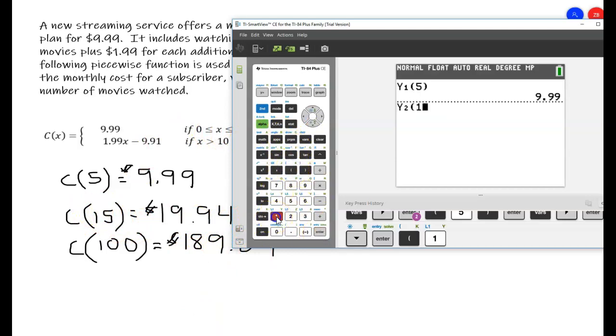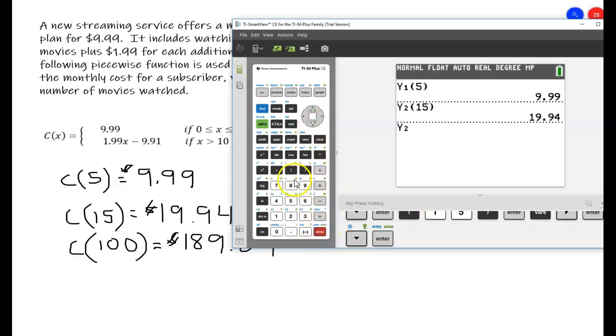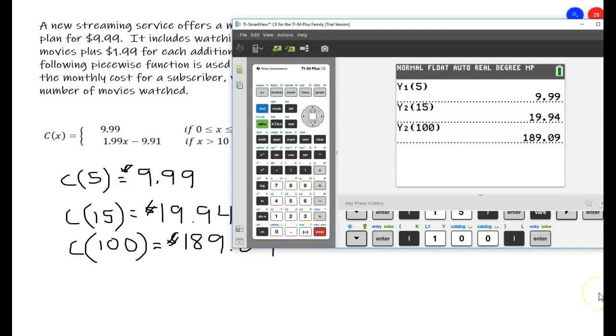We're going to evaluate that at 15. And there's our 19.94. And then the last one, once again, we're over 10, so we need to use the y2. So we're going to go to vars, function, y2, and let's evaluate that one at 100. And we get the same thing there. All right.